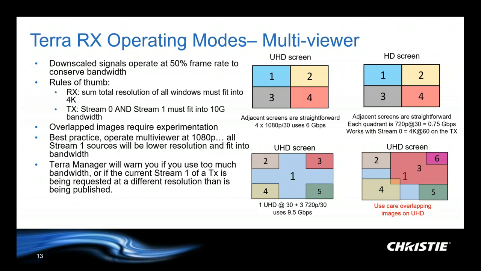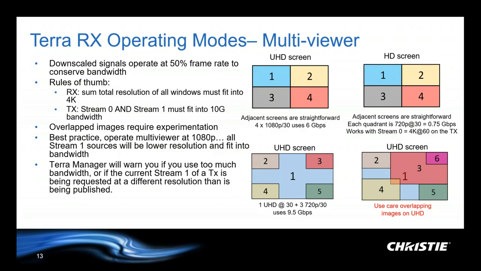So the TX itself, if the transmitter was 4K, would probably find it very hard to transmit stream 1 at 1080p at 30 frames a second, because it's actually 1.5 gigabytes. So you may be right on the limit there.